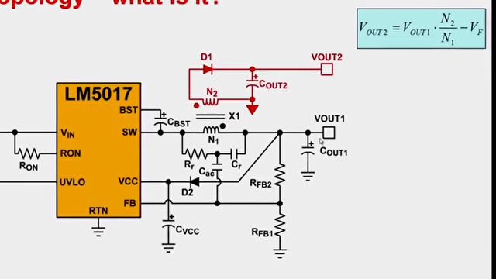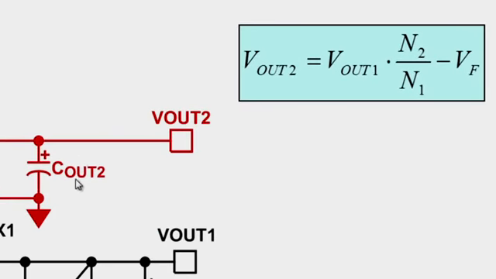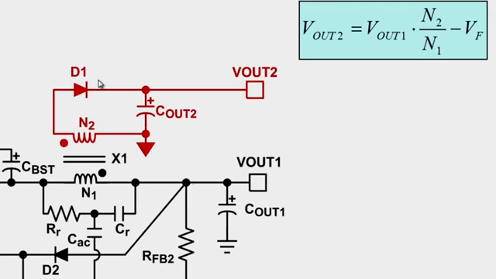The primary output voltage is dependent on the feedback resistor divider, just like in a buck converter, and the secondary output is created by rectifying the secondary winding waveform with the help of a diode D1 and the capacitor Cout2. The secondary output Vout2 is related to the primary output voltage by the transformer turns ratio, and there is a term for diode drop D1.